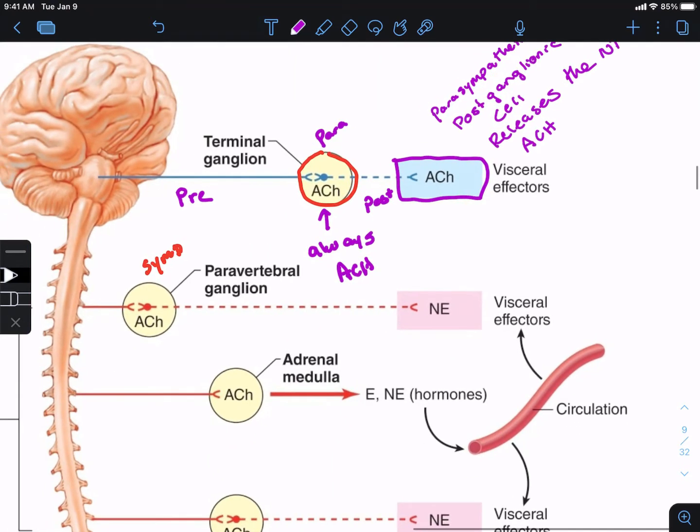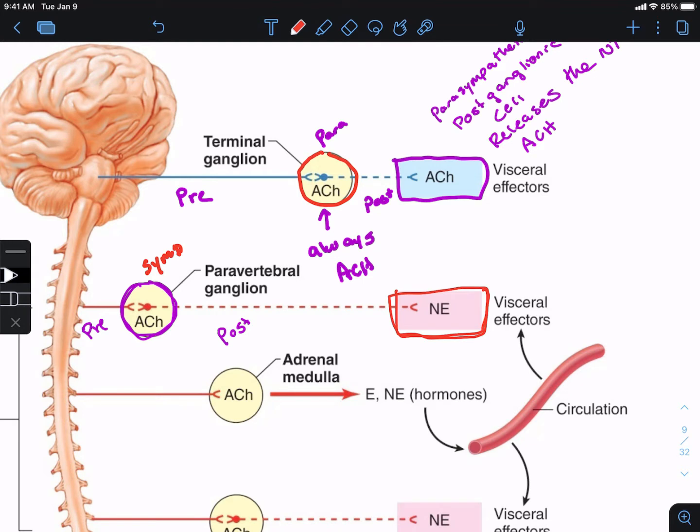The sympathetic nervous system, on the other hand, again, at the ganglion, always acetylcholine. So at the ganglion where the preganglionic neuron synapses with the postganglionic neuron, it will release acetylcholine onto the postganglionic cell. But then if we look at the neurotransmitter that is being released, most of the time the neurotransmitter is norepinephrine.